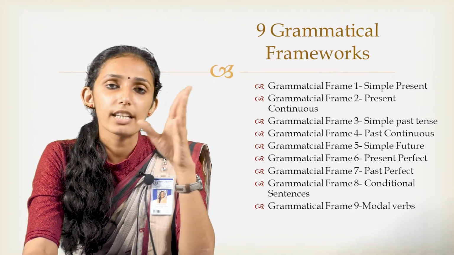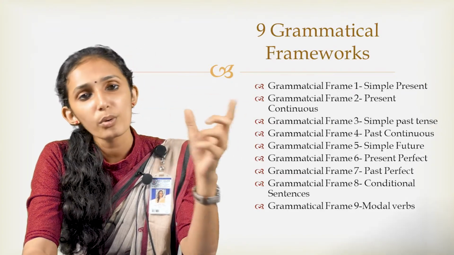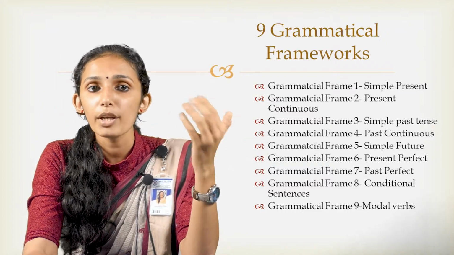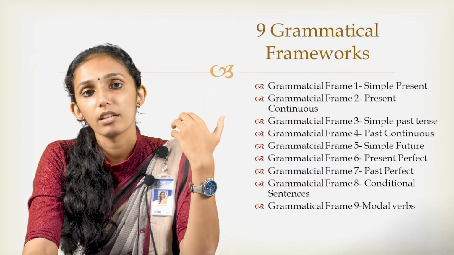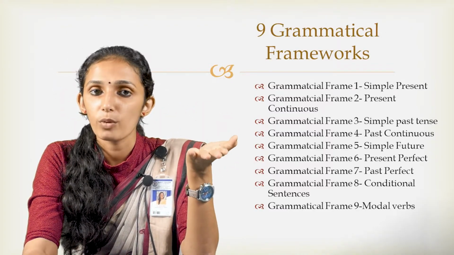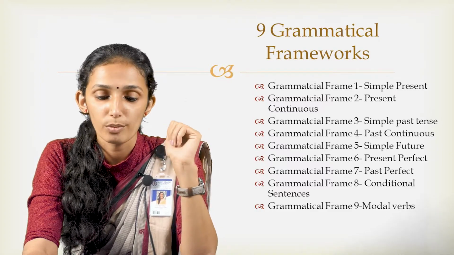So these are certain tense forms, and you know that tenses are 12 in number. And Grammatical Framework 8 will be a discussion on conditional sentences, and Grammatical Framework 9 will be a discussion on modal verbs.